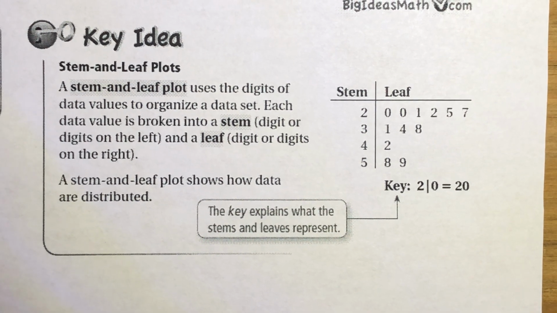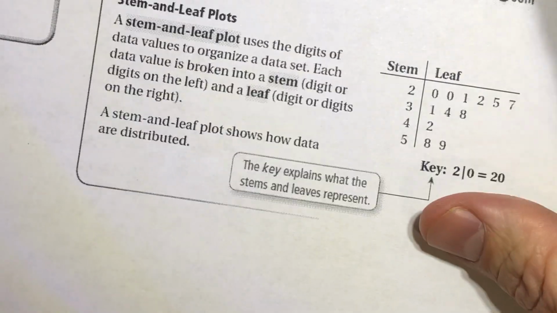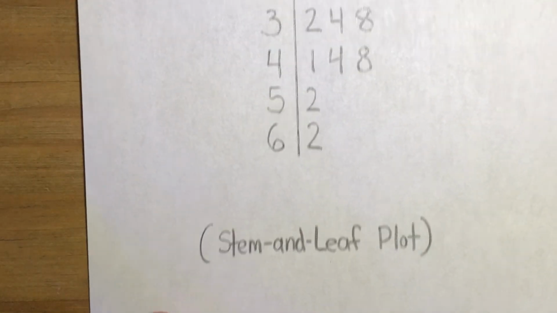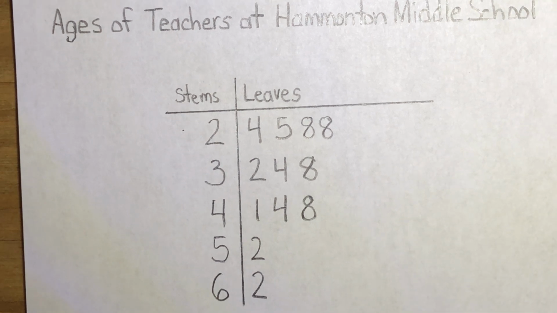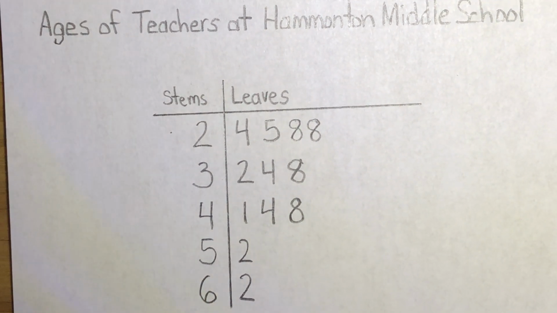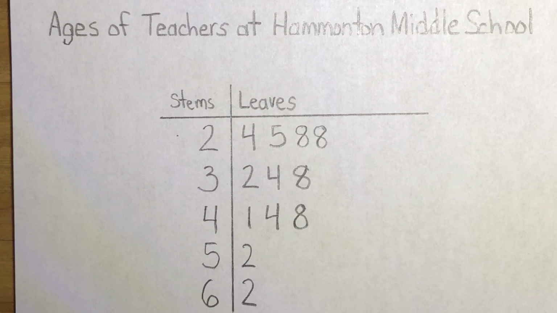So this is just an introduction, but I'm going to go ahead and show you that same teacher data here. And you'll notice that when I have this data in my stem and leaf plot, it makes it very easy to see how the data is spread out.